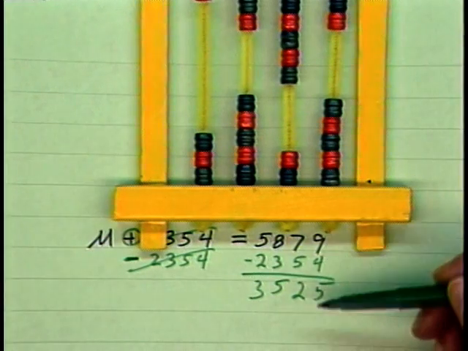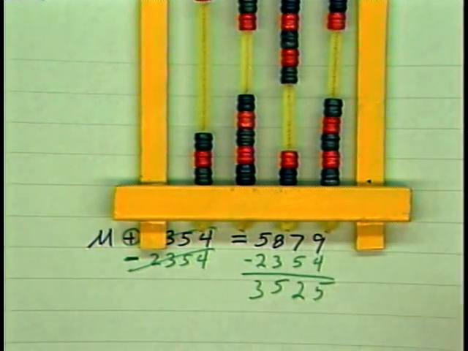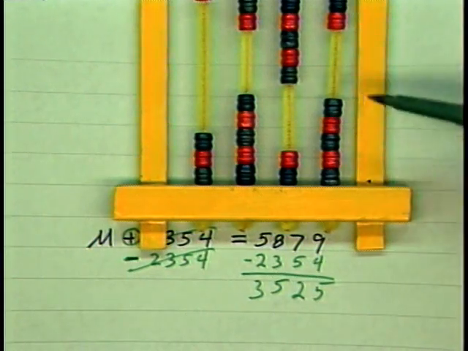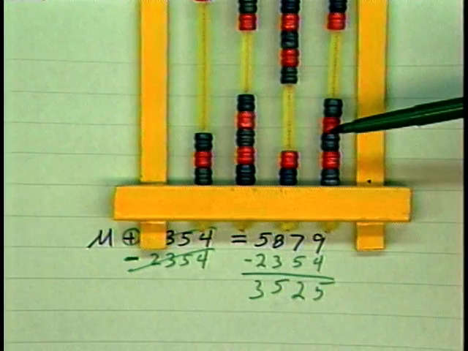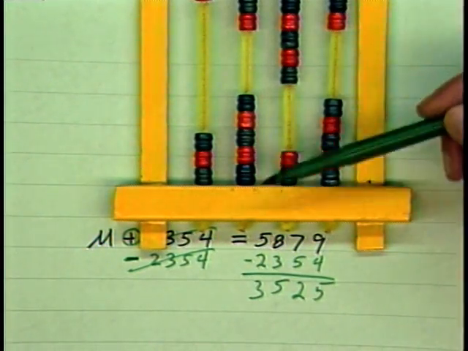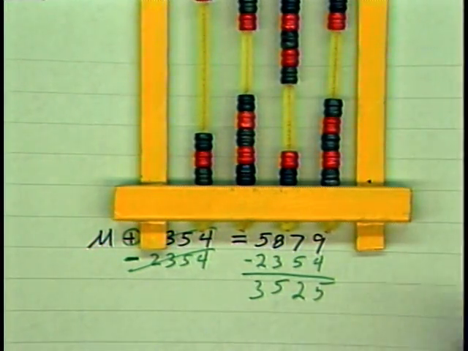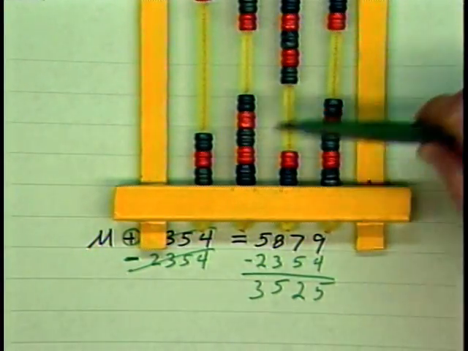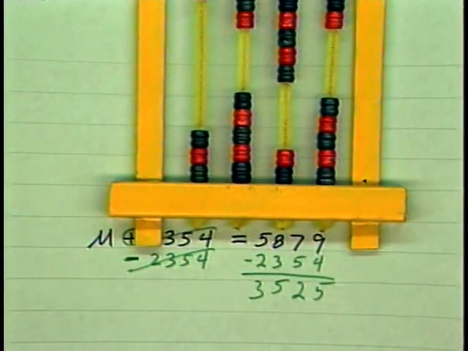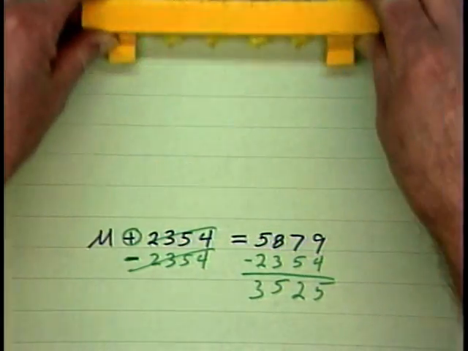But the reason we can do this mentally is that we have memorized a subtraction table, which is simply a memorization of what happened on our beadboard, sort of like memorizing a paper route. After a while, you no longer have to look at your route list. You simply look at your house and deliver the papers. So now we don't need this.